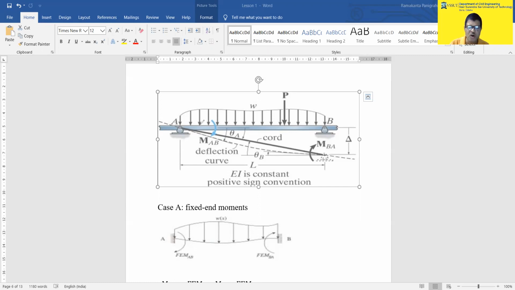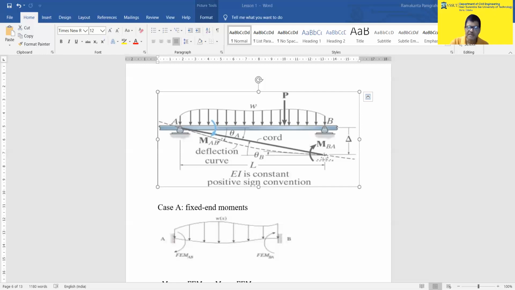Or you can take the chord and then calculate theta B. So theta A and theta B you can find out. Then delta is the settlement, L is the span, and EI is constant. So the positive sign convention is like this: delta downward is positive, and theta here clockwise. You said theta A is clockwise, right?